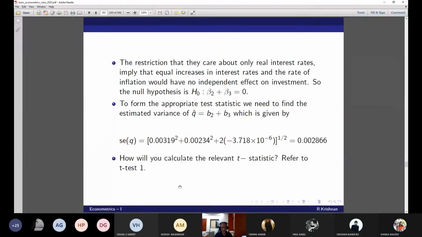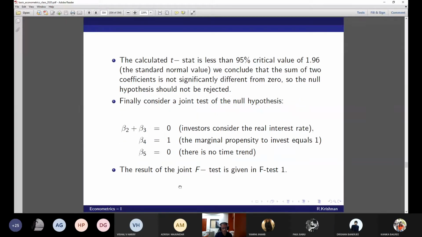Isn't this the T stat for beta 2 plus beta 3 equal to 0? Can you calculate the T stat from here for the hypothesis beta 2 plus beta 3 equal to 0? Oh, yes, sir. Now I'm asking you, what will be the T stat for beta 4 from your model?